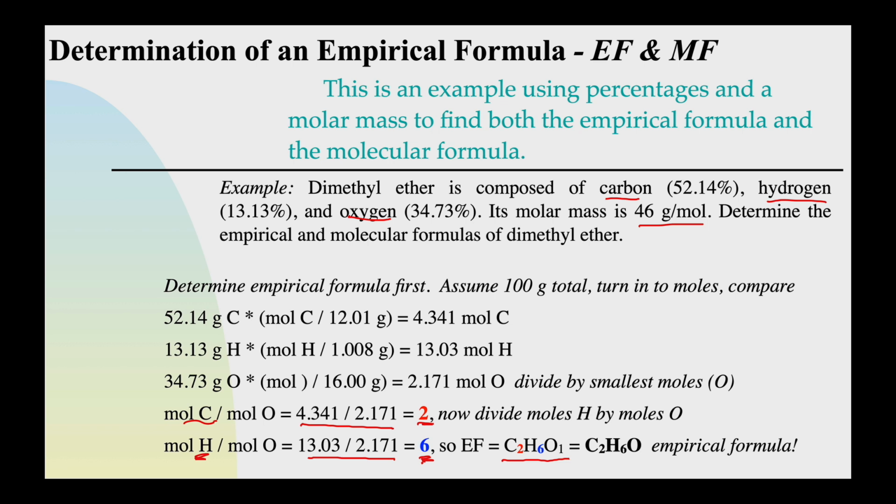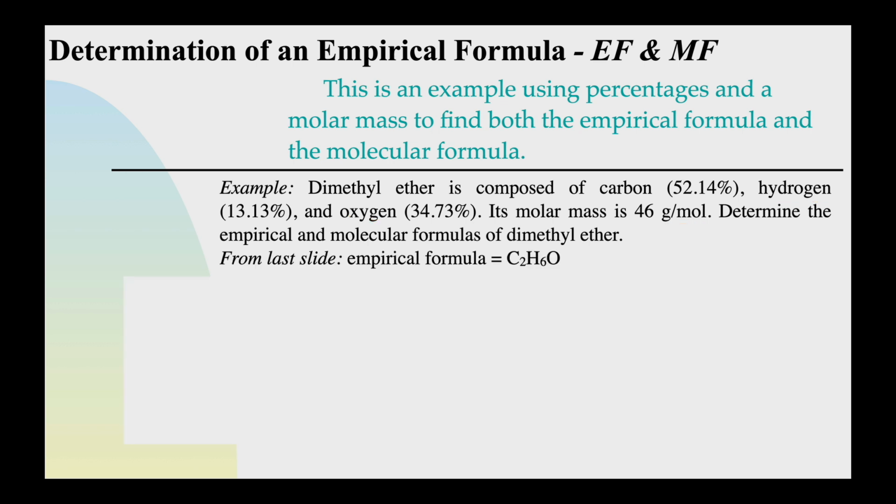So no big deal, the same kind of thing. This had 3 elements, but divide by the smallest one. This came out to be a 1 to 2 to 6 ratio, or C2H6O, no problem. Now notice that we haven't used the 46 grams per mole number. We're going to use that in the next step when we go from the empirical formula to the molecular formula.